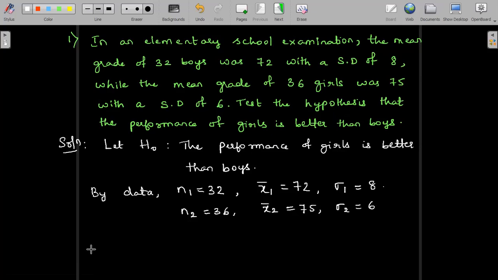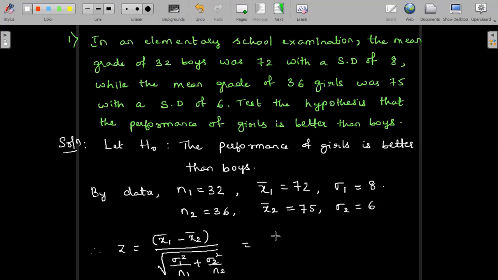So with all these basic data, we will apply the formula. The formula is Z is equal to x1 bar minus x2 bar divided by square root of sigma 1 square divided by n1 plus sigma 2 square divided by n2.